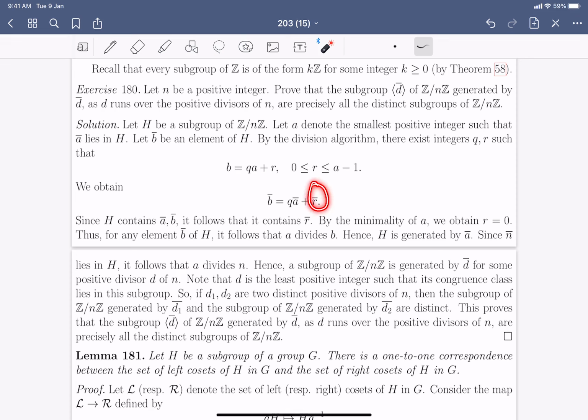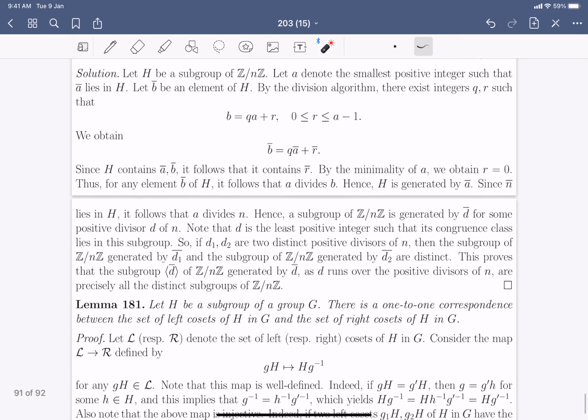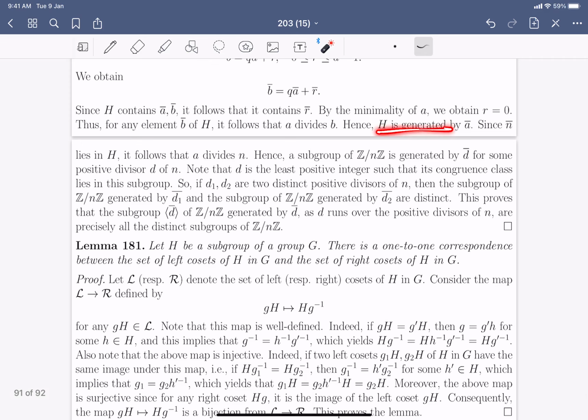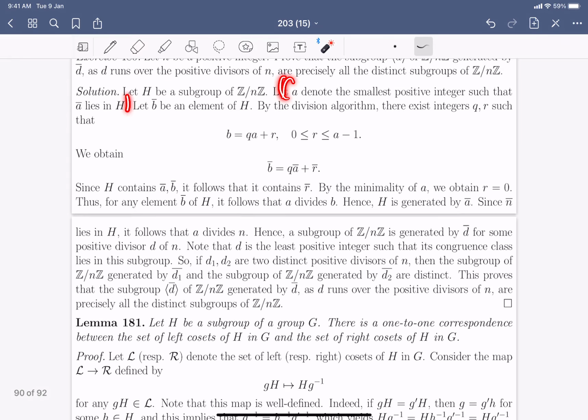Once you show that r is 0, it follows that b equals qa, so whatever element b bar you chose from H can be obtained from a bar. In other words, if you look at the smallest positive integer a such that a bar lies inside H, then a bar also generates H.